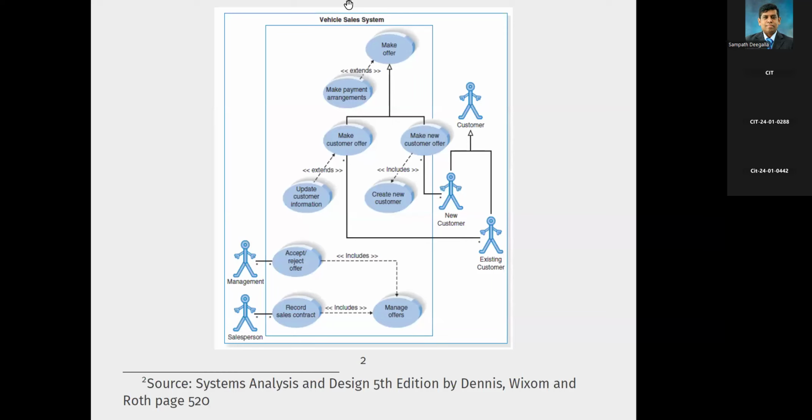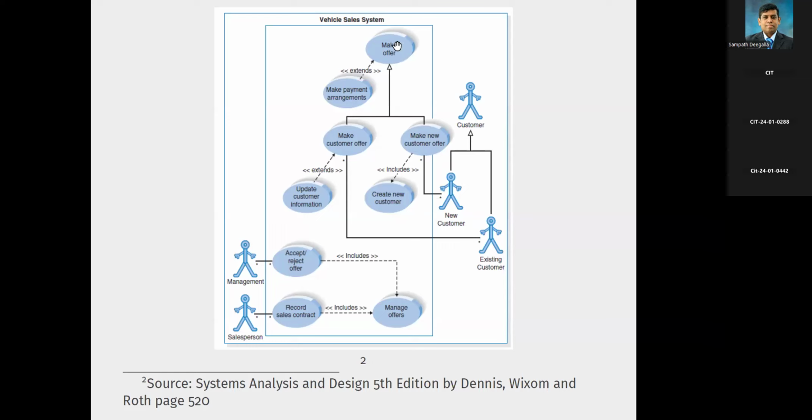So now in these use cases, again, we can have hierarchy here. It says make an offer, but you can have make a customer offer or make a new customer.